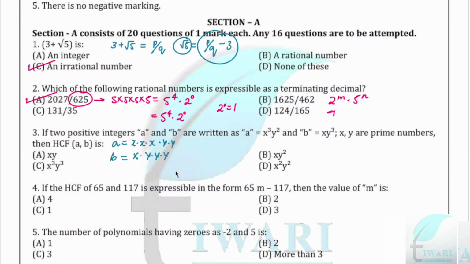So how many pairs are we able to form here? That is x, y and y. So HCF is equal to x into y into y, which means x into y square. So option B is the right answer.